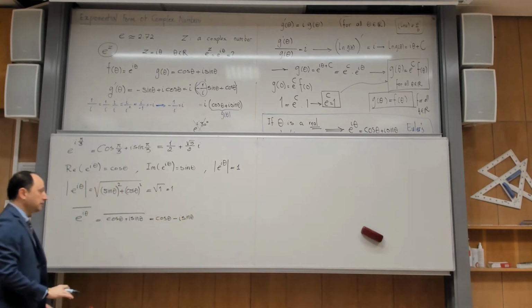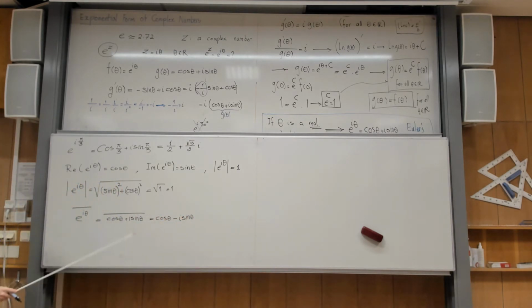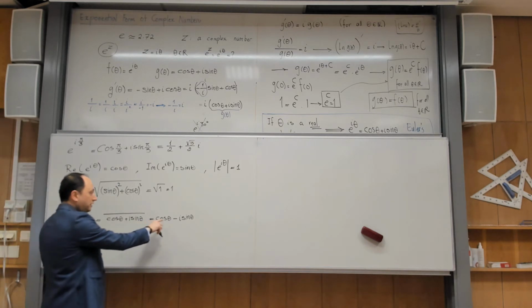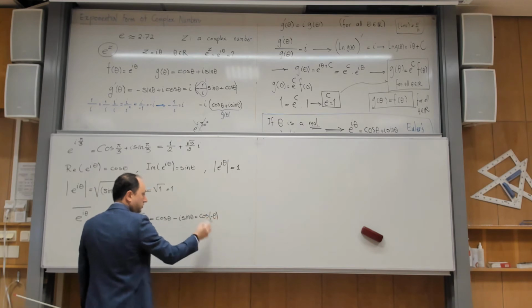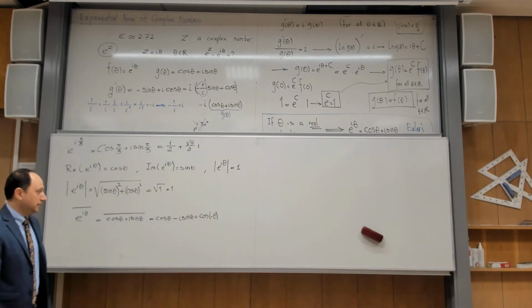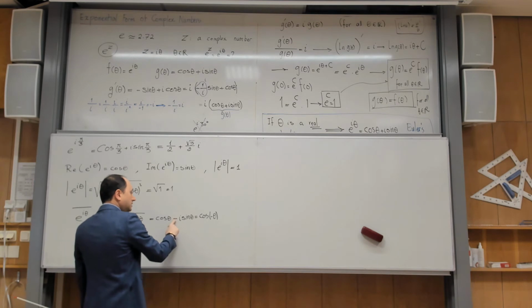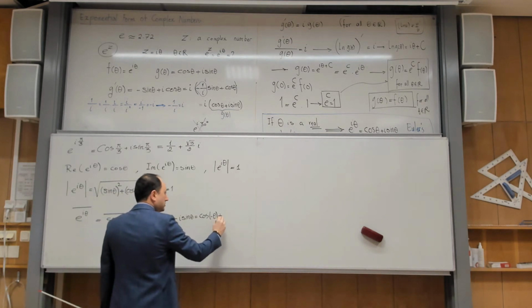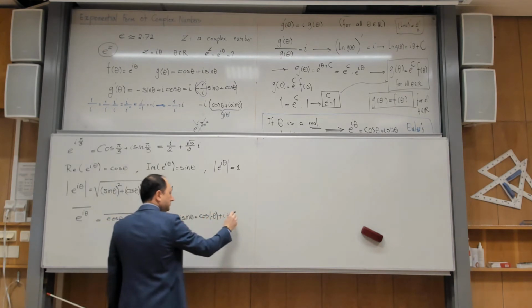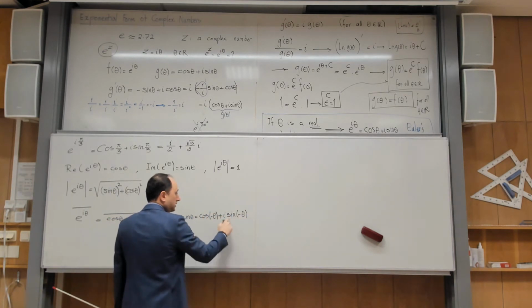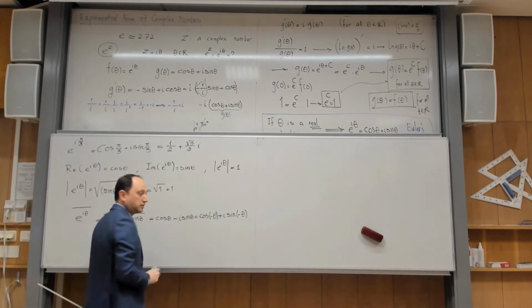This is not wrong. Of course, that's the correct expression, but we can write it in a better way so that you can see the connection immediately. Instead of cosine theta, I hope that you agree that I can write cosine of minus theta, because there is no difference between cosine of minus theta and theta. But then in here, instead of writing it negative, I write it positive, but I move the negative sign to this argument, yes? Why is that? Because we learned in chapter 1 that sine of minus an angle is minus the sine of that angle.